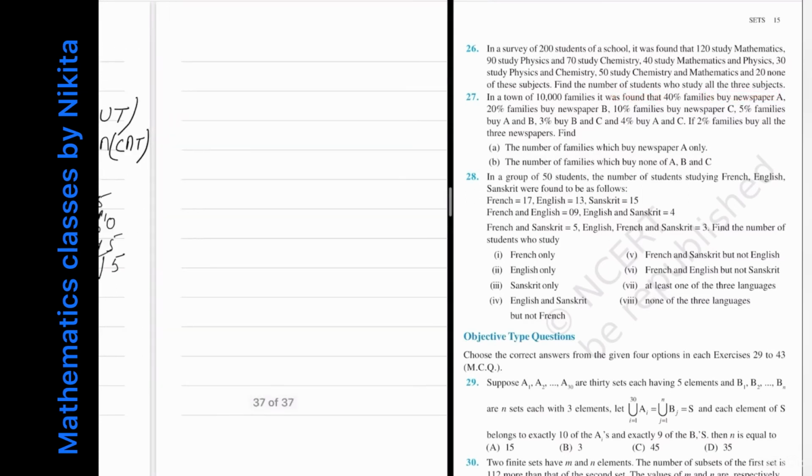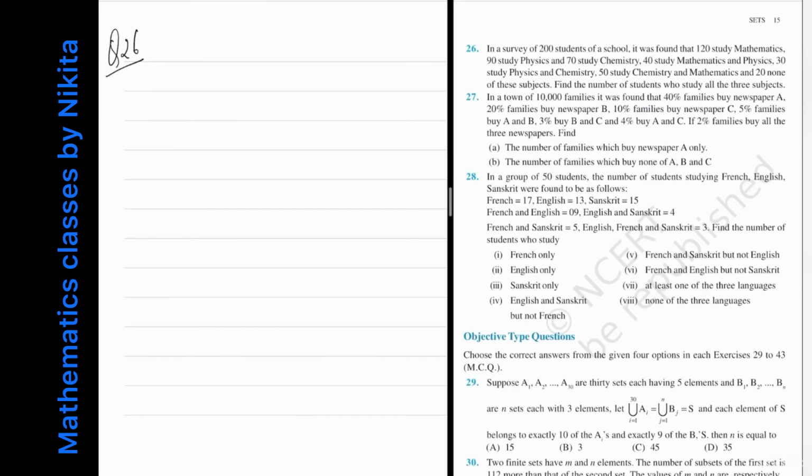So again, first let's formulate this problem, question number 26. So let U denote the set of students. So this is your universal set. Now here we are talking about three subjects. First is maths, then physics, and then chemistry.